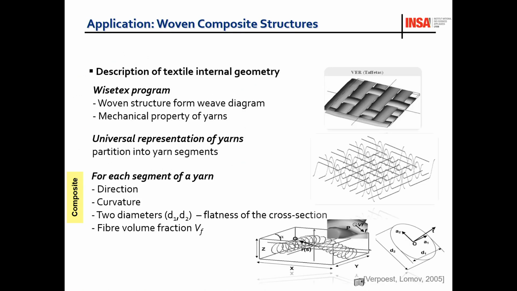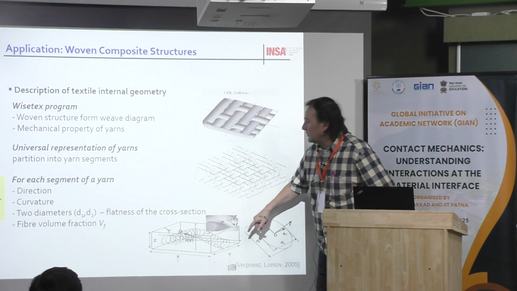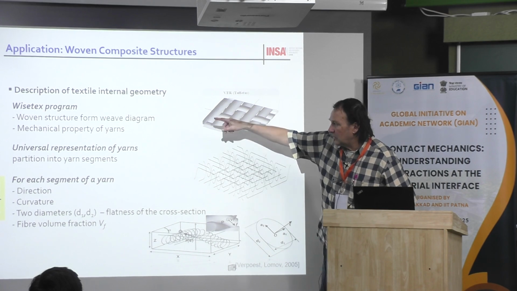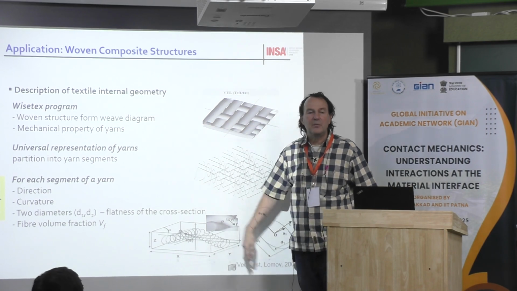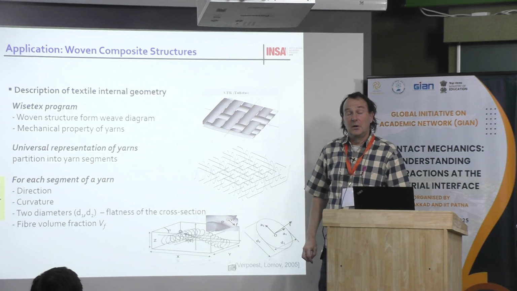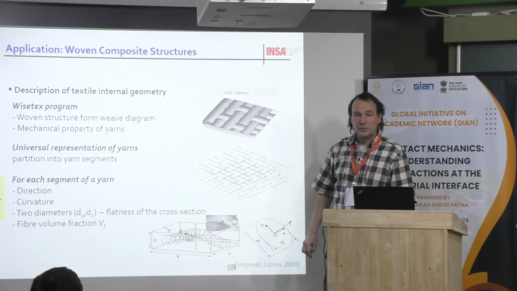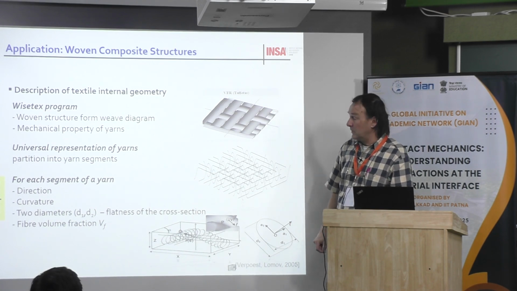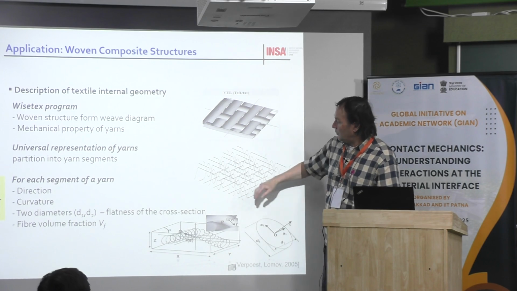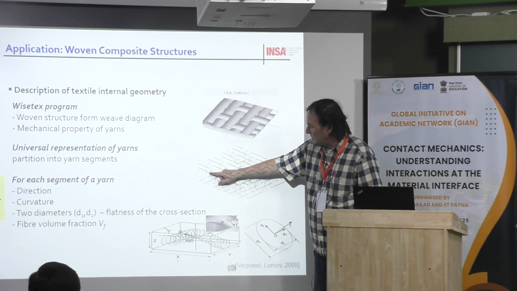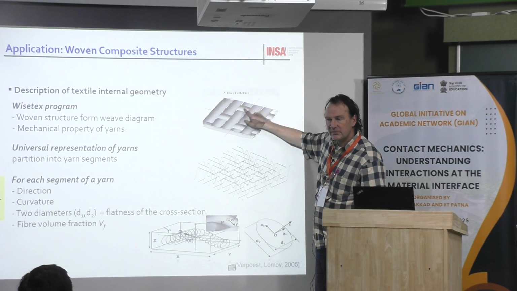To reproduce those fibers, in fact, we use ellipsoidal inclusions. With WISTEX, a program made by a Belgian researcher, Lomov, a famous professor in Belgium, this is the center of each fiber, in fact.